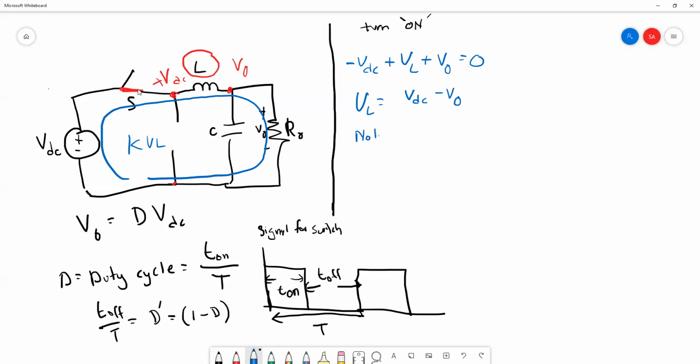Note that VL is actually L di/dt. So we can substitute VL: L di/dt equals VDC minus V out. Then we can write di/dt equals VDC minus V out over L.